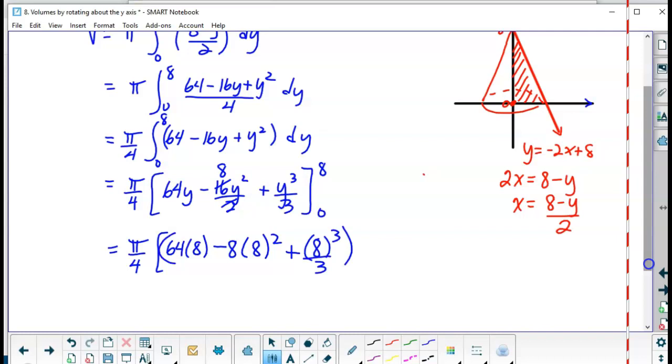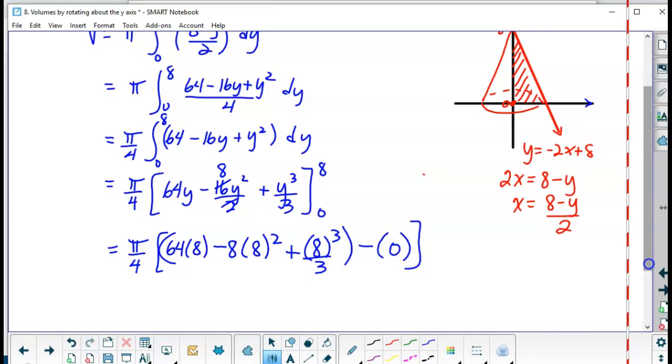So that's when I substitute 8 in. When I substitute 0 in, I'm going to get 0, since all the terms have a y in it. I kind of like to put the minus 0 just so the reader knows that I did substitute that in.